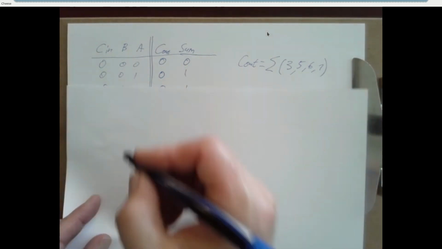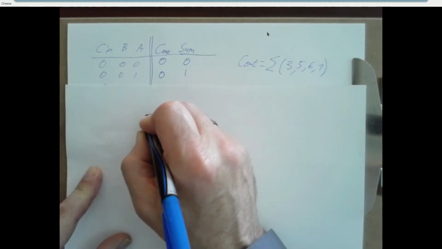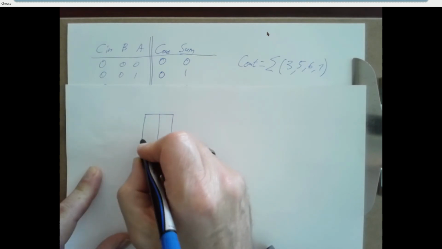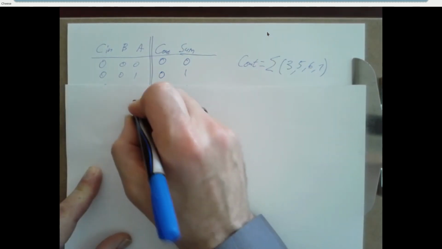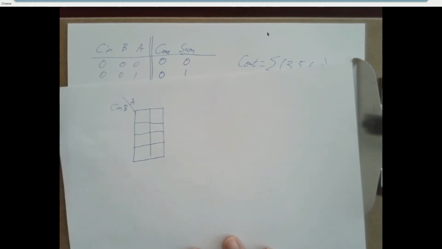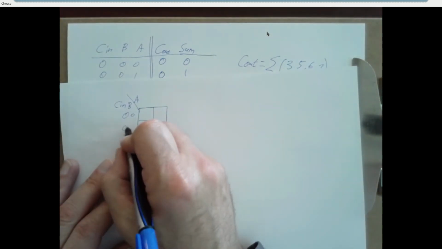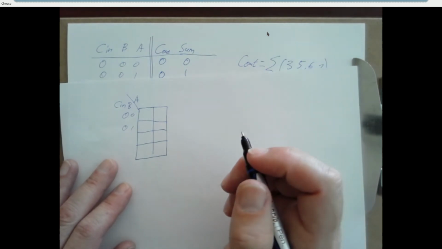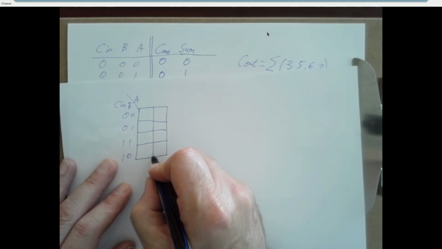And we can do those in a K-map, so let's do a 4x2 K-map, because we haven't actually done one of those up here. I'm going to put my carry in and B along here, and I'm going to put A along here. The numbering on here is 0, 0, 0, 1, and then 1, 1, and then 1, 0. And for A, it's just 0, 1.